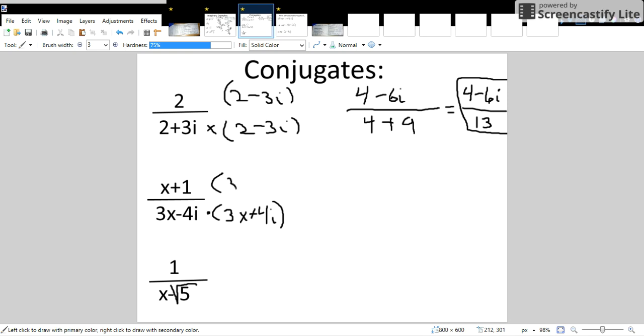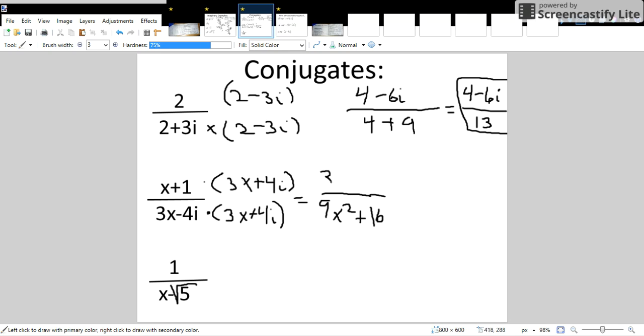So we're going to multiply the numerator also by 3x plus 4i. So again, use your sum of squares to find the bottom. That's going to be 9x squared plus 16. And then at the top, again, use your FOIL or box method.